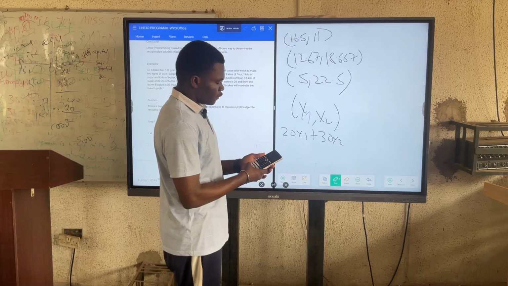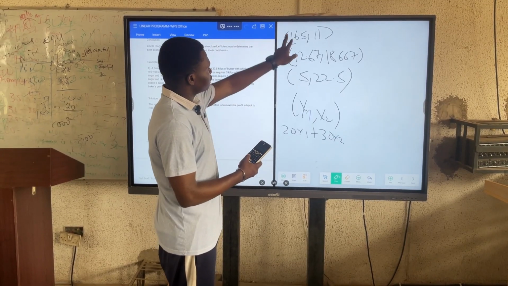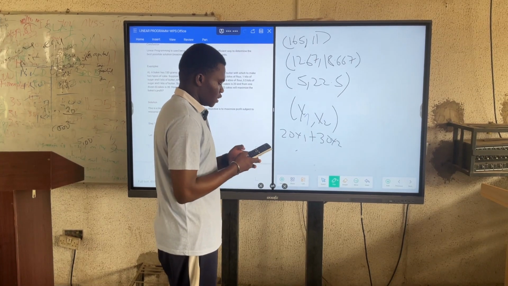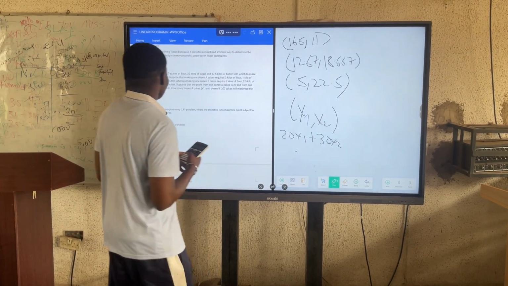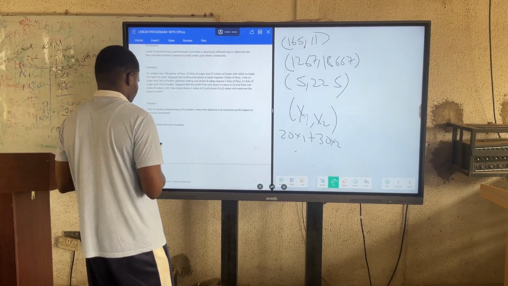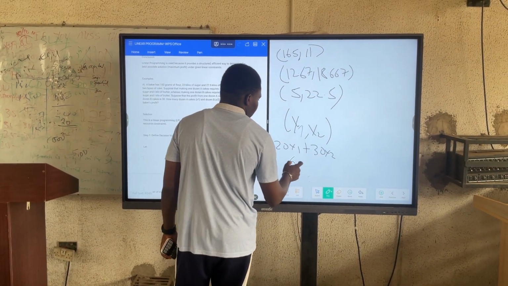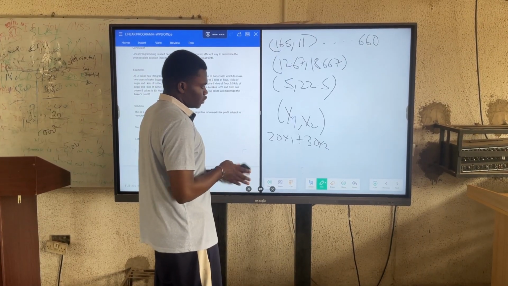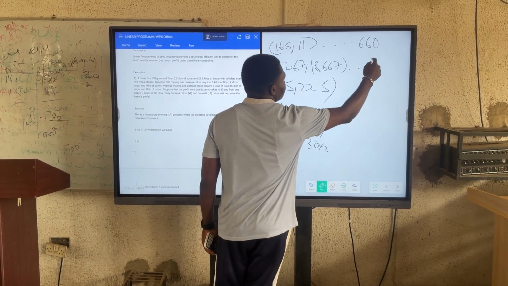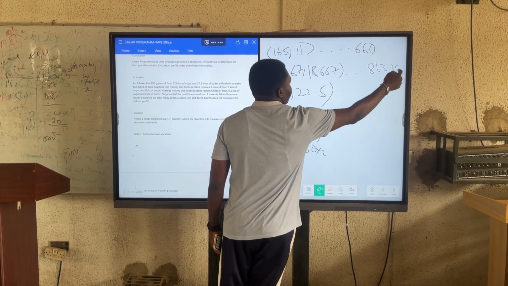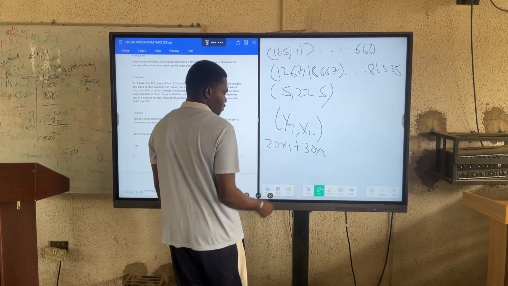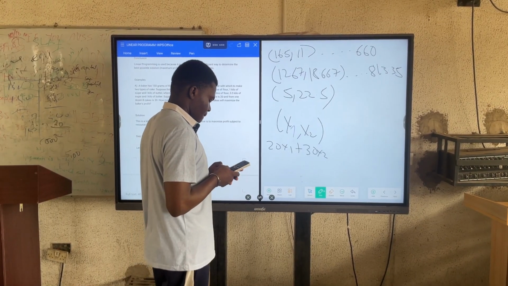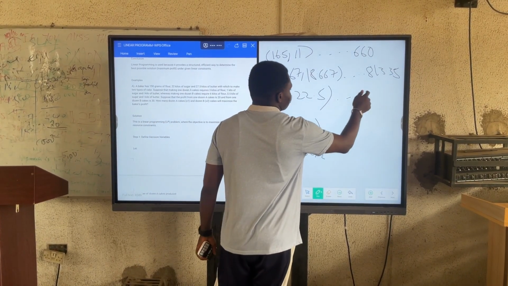So on a calculator, if you do everything, put this into this, since this is x1 and this is x2, this one will give you 660. This one will give me 813.35. And if you substitute this one into this, this will give me 775.